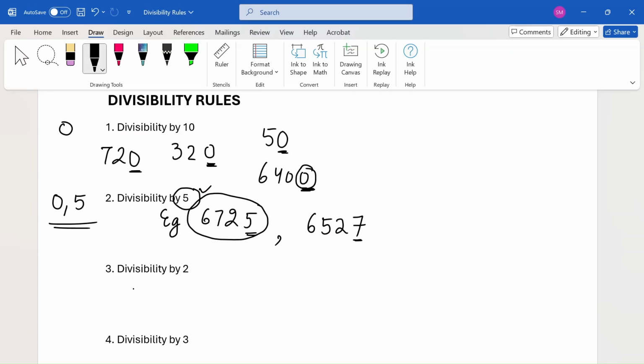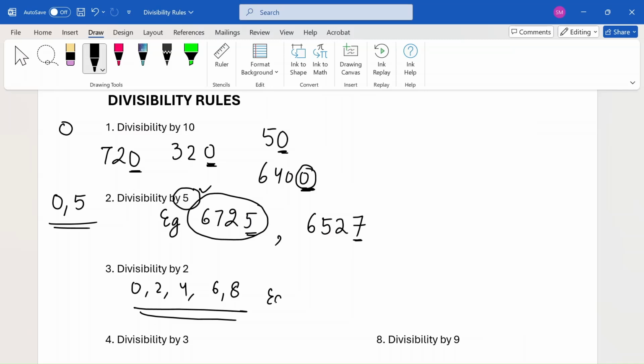Next, the divisibility rule of 2. A number is divisible by 2 if it has any of the digits 0, 2, 4, 6, 8 in the ones place. Meaning if any number is ending with an even number, the number is divisible by 2.